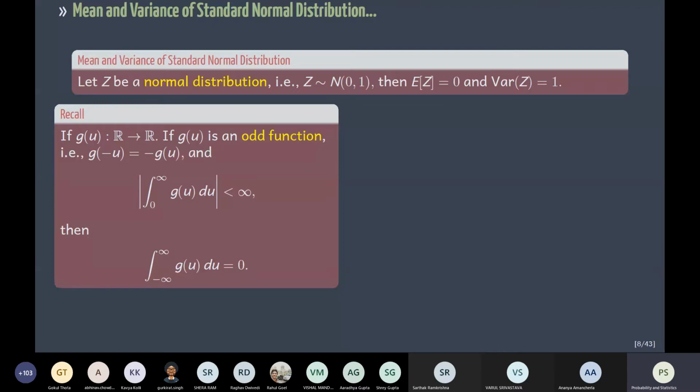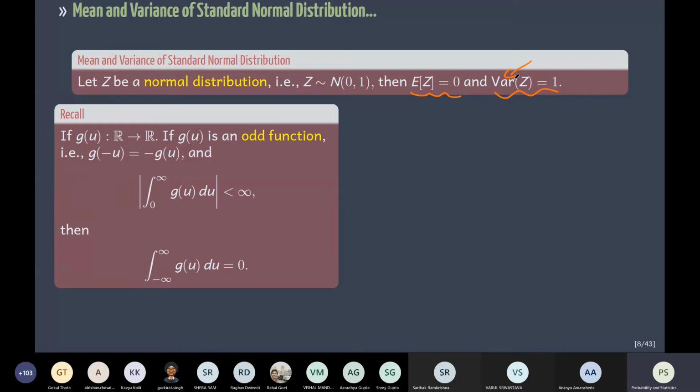What we have is the first result. Whenever we write a distribution, we always claim something about expectation and variance. These are the most important properties of random variables. Of course, if you're working on higher dimensional data and you want to know higher order correlations, then you go for higher order moments.